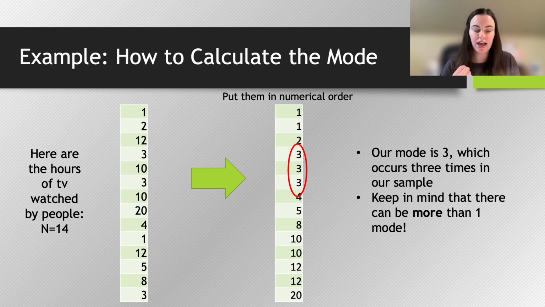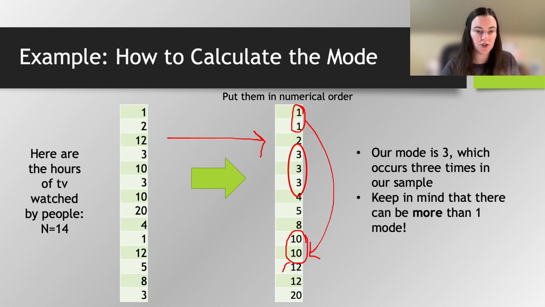I personally find it helpful when trying to identify the mode to put the observations in numerical order. That way I can quickly tell how many of my observations are matching one another, and compare them to different sets of observations that might have multiples as well. We had 2 respondents say they watch 1 hour, 2 say they watch 10 hours, and 2 say they watch 12 hours.